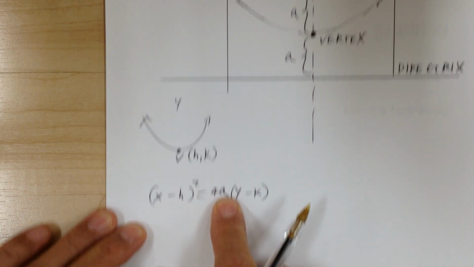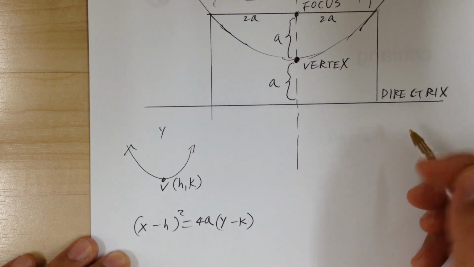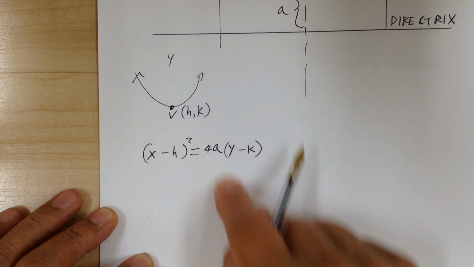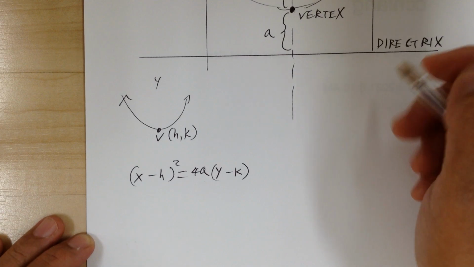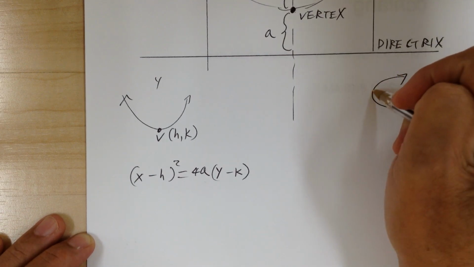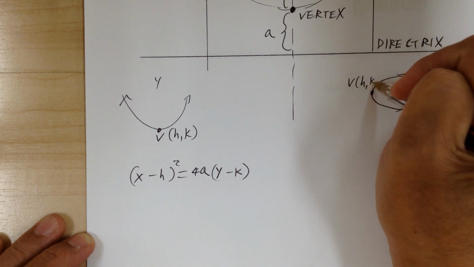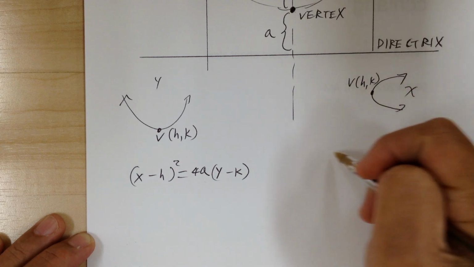Now if this is negative, it will be opening upside down, like a sad face. Now if the graph is opening this way, and the vertex is over here, so it's opening in the x direction.